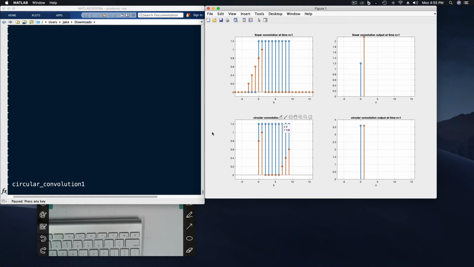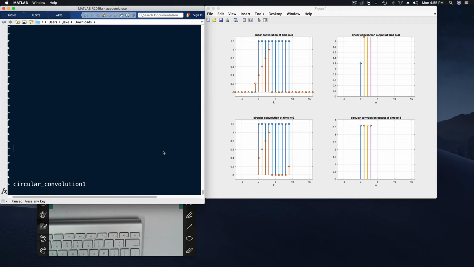All right. Every time, watch what happens as I press the space bar and we advance the signal. You can see that at some point here, the linear time shift and the circular time shift begin to be the same thing.